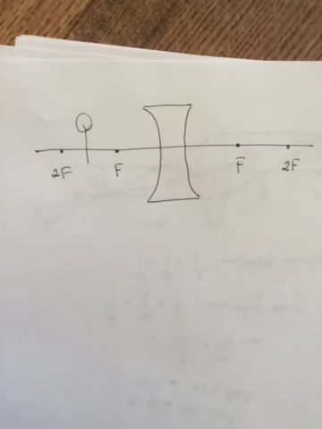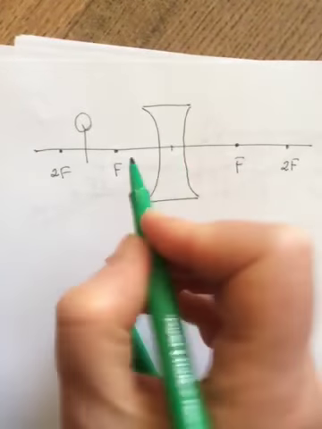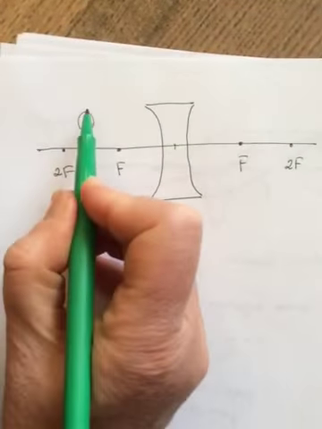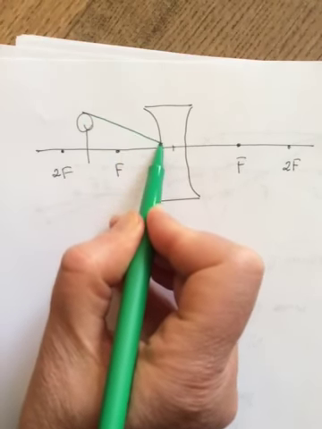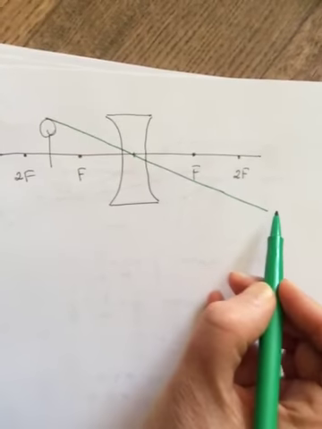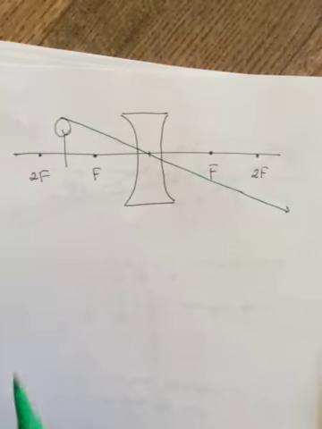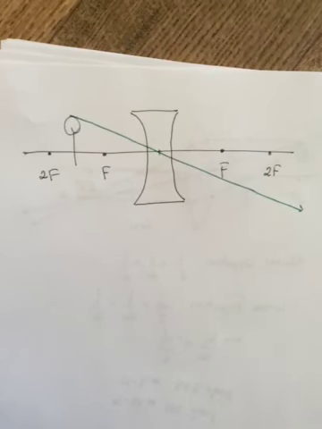The first ray is the one going through the optical center, because it's the easiest one. A ray going from the top of the object, passing through the optical center of the lens, passes straight through without being bent. So that one's exactly like the converging lens.